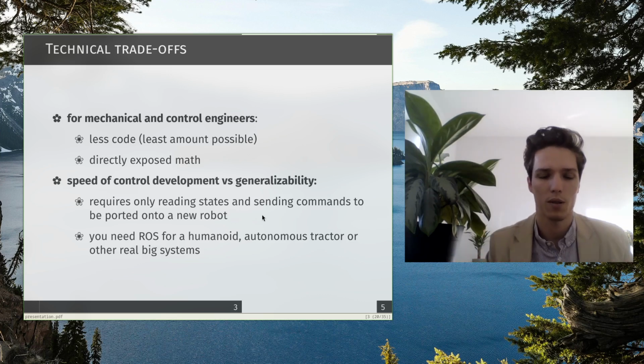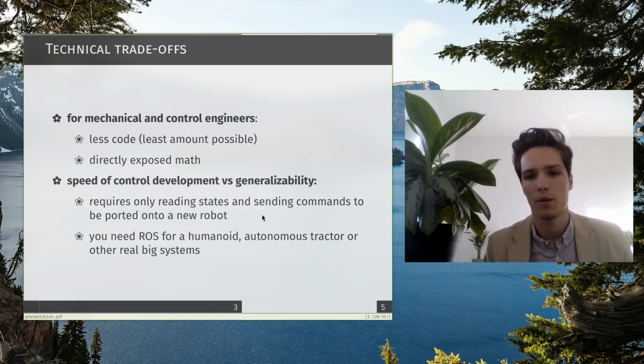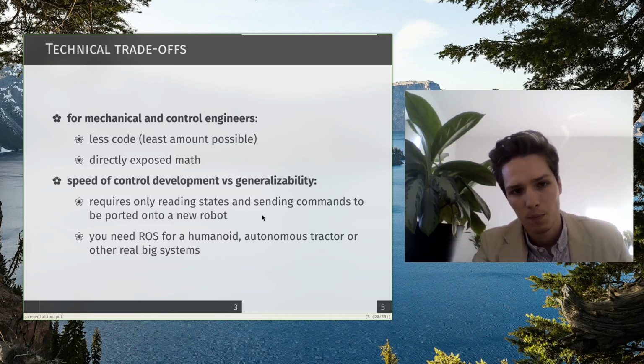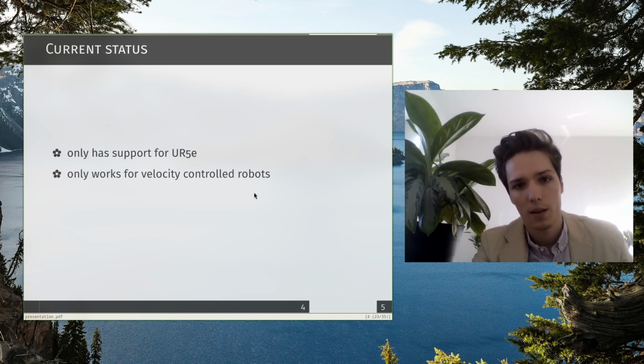I just want to explicitly state this. That's how you get the functionality of the library: once you have the vectors there, the math functions the same exact way. And this math currently exists only for velocity controlled robots.